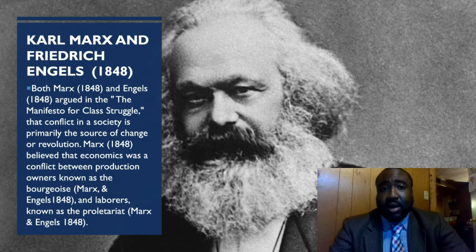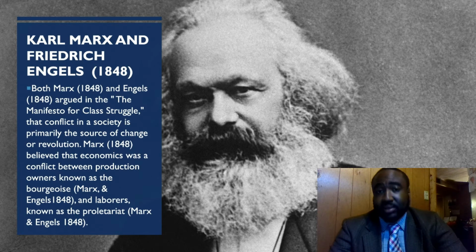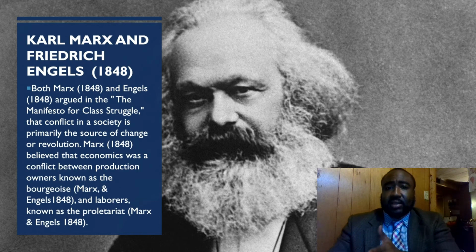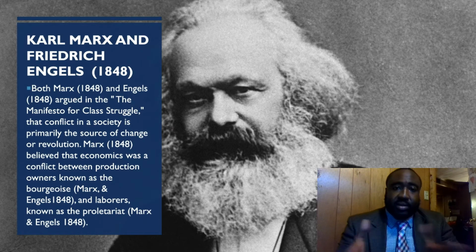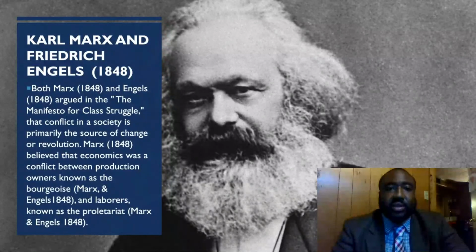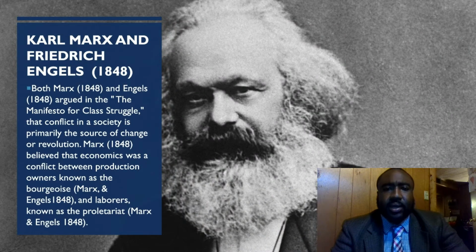Marx argued that the bourgeoisie control the means of production, while the proletarians, who are deemed the laborers, are the people the bourgeoisie need to perform the work within whatever is being mass produced.